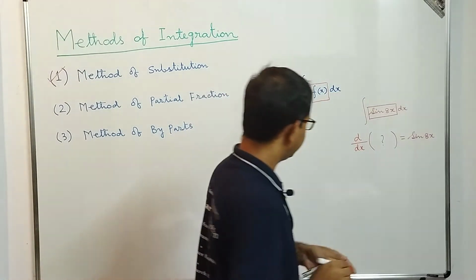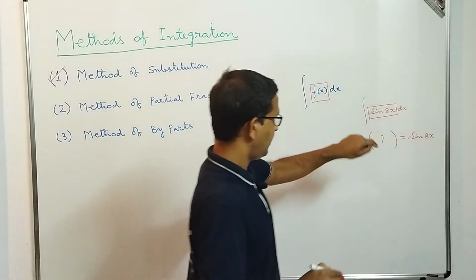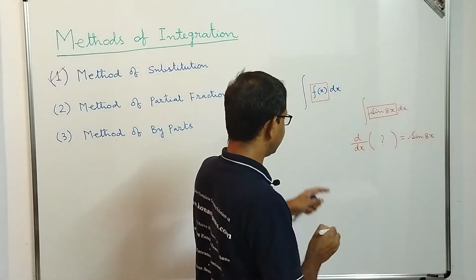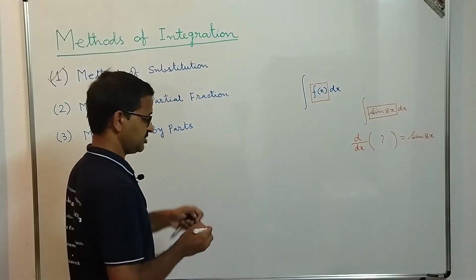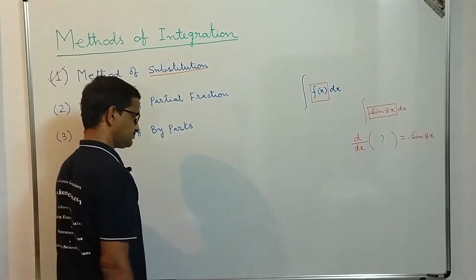Now let's look at this one, integration of sin 8x dx. How to integrate? For that we can take the method of substitution. So here the word substitution is actually important.